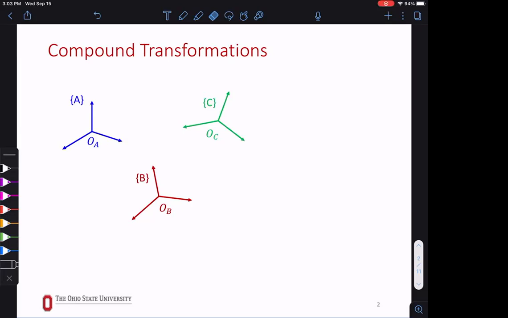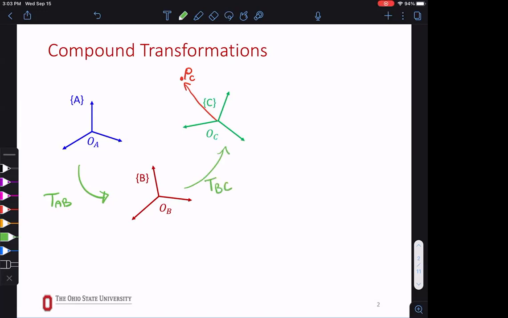All right, so let's say that we have a point P. We know the coordinate of P in frame C, P_C. So this is a known value. Then we also know this transformation, T_AB. We also know T_BC.